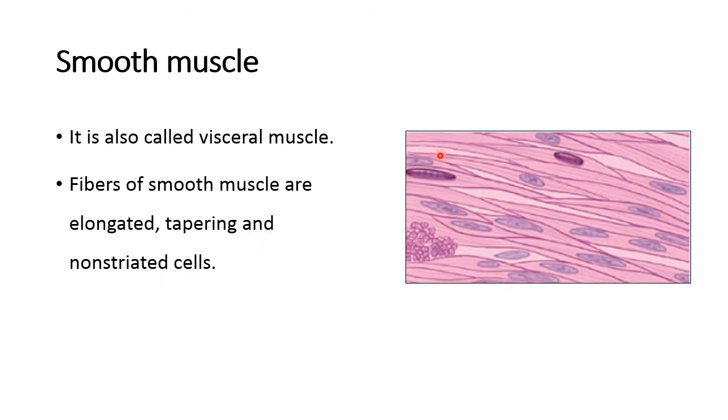See? This is the smooth muscle. The smooth muscle cells are elongated, tapering, non-striated. There are no striations. As you see, they have an elongated spindle shape. The central part is wider, and the peripheral part is tapering and narrower.